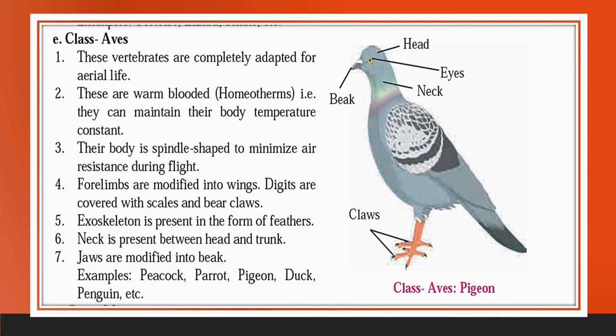Digits are covered with scales and bear claws. Exoskeleton is present in the form of feathers and neck is present between head and trunk. Jaws are modified into beak, for example, peacock, parrot, pigeon, duck, penguin, etc.